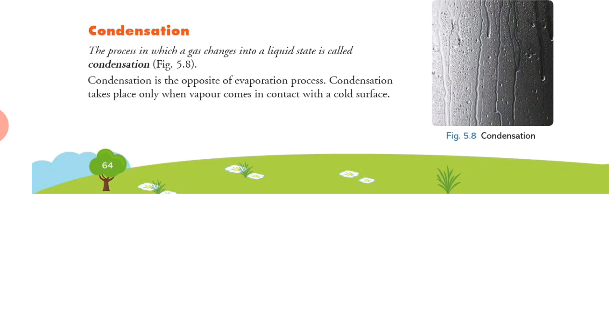That is the condensation process in simple words. The gaseous form of water got converted into liquid form. Condensation is opposite to the evaporation process. Condensation takes place only when the vapor comes in contact with a cold surface. Got it?